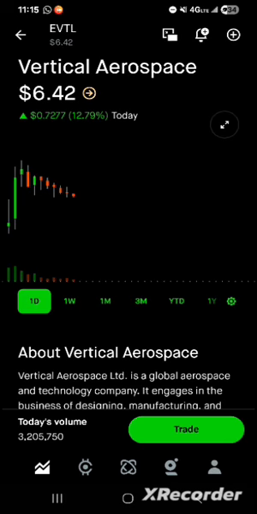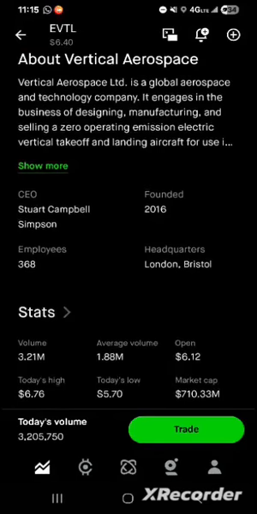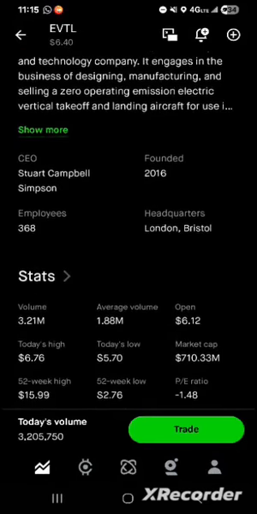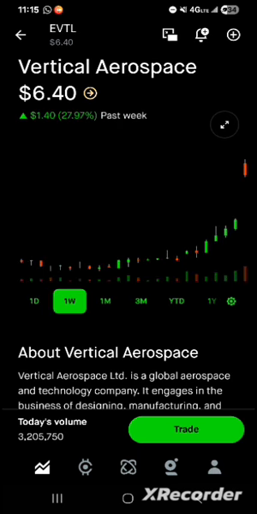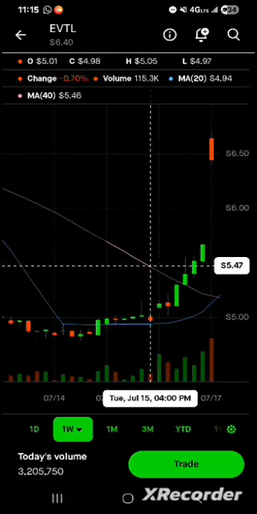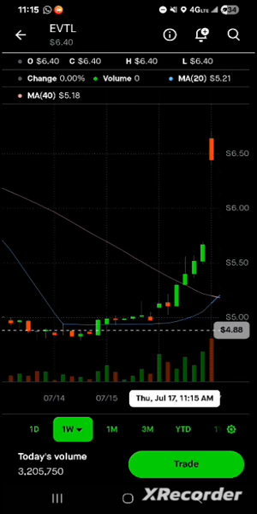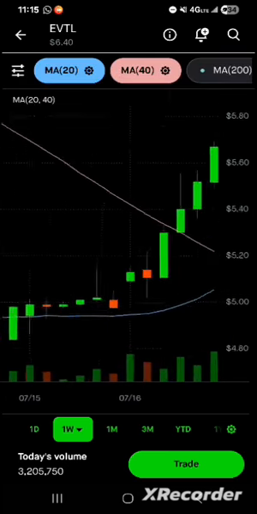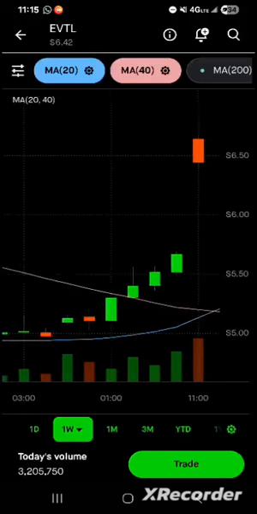So the current volume is 3 million. Average volume is 1.8. We want this to be a narrow state. We want these lines to be as close together as possible. But seeing that there is a slight gap right here, we'll trade it anyway. Just see what happens.